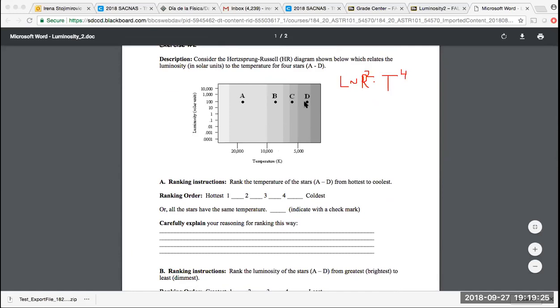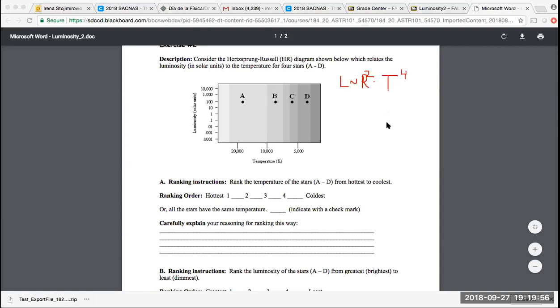Yes, very good. And if you want to stay for a second here, let's say this is 3000 kelvins, and this is maybe 18,000, looking at this graph. So star A is 6 times as hot as star D. That temperature would give you so much more energy, because energy is proportional to T to the power of 4.